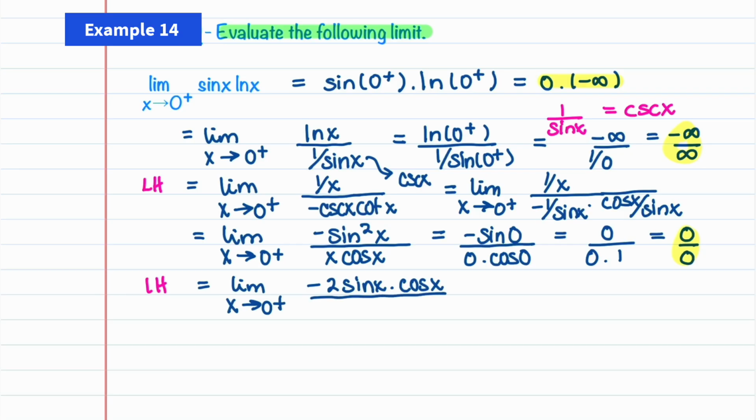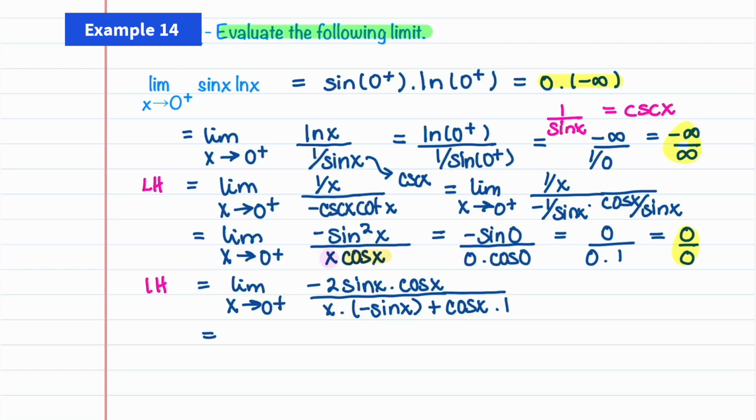And then in the denominator, we are going to have to use the product rule because we have one function and a second function. The derivative is our first function times the derivative of our second, and that is a minus sine x. And then we have our second function, cosine x, times the derivative of our first. The derivative of x is 1.